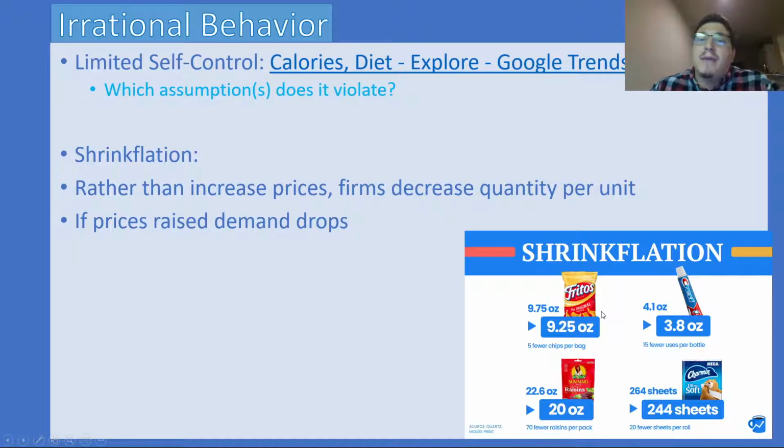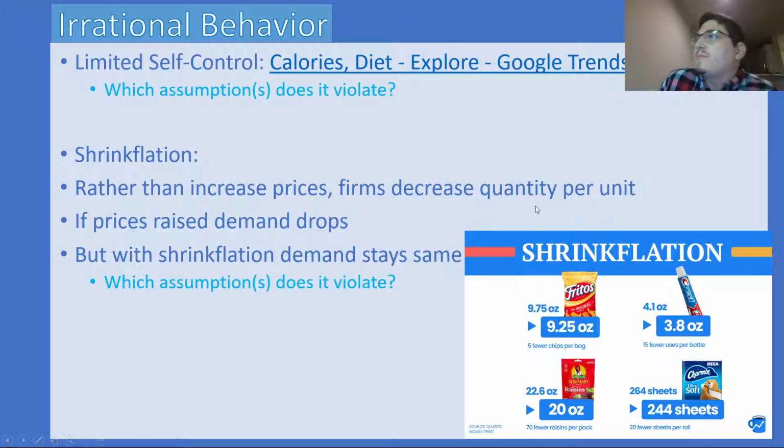I just maintain my habit of buying this bag of Fritos. I consistently stick to that. I don't reevaluate my choice. So I'm stuck on my habit. It takes too much effort, in some sense, to deviate from purchasing a good. We're going to talk a little bit about that. It's called the default bias, where people just buy the same products no matter what they actually cost in some cases, or no matter what you're actually getting in other cases, as with shrinkflation.